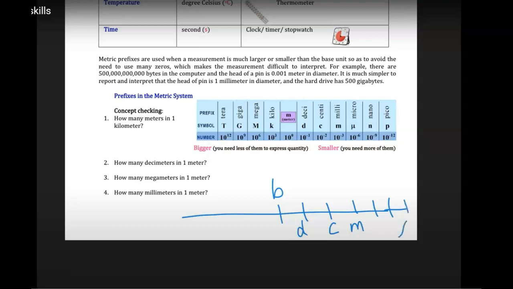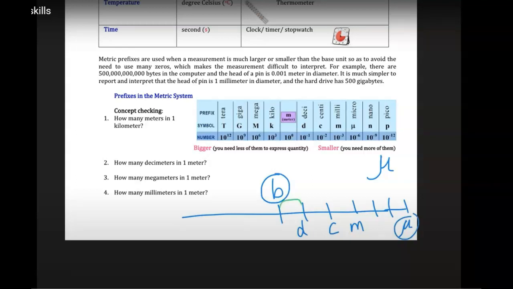The next one that we have is micro. Note that this is the Greek letter mu, and it's sort of like a U with a long trunk in front. So the letter mu, that would be micro. Now, if I want to show the difference between base unit and micro, I have to remember that each of these spaces is a power of 10.